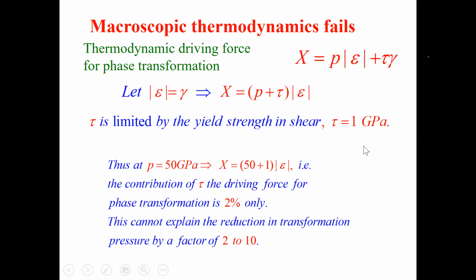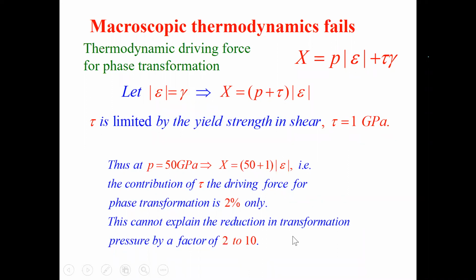The problem is that shear stress is limited by yield strength in shear, which let's say is 1 GPa. So if you apply 50 GPa pressure and assume such kinematic hypothesis, then you see that the contribution of shear stress to driving force is just 2%. If we change something in a good direction, we can get 10%, maybe 20%, but there is no way to explain reduction in pressure by a factor of 2 to 10 and more.